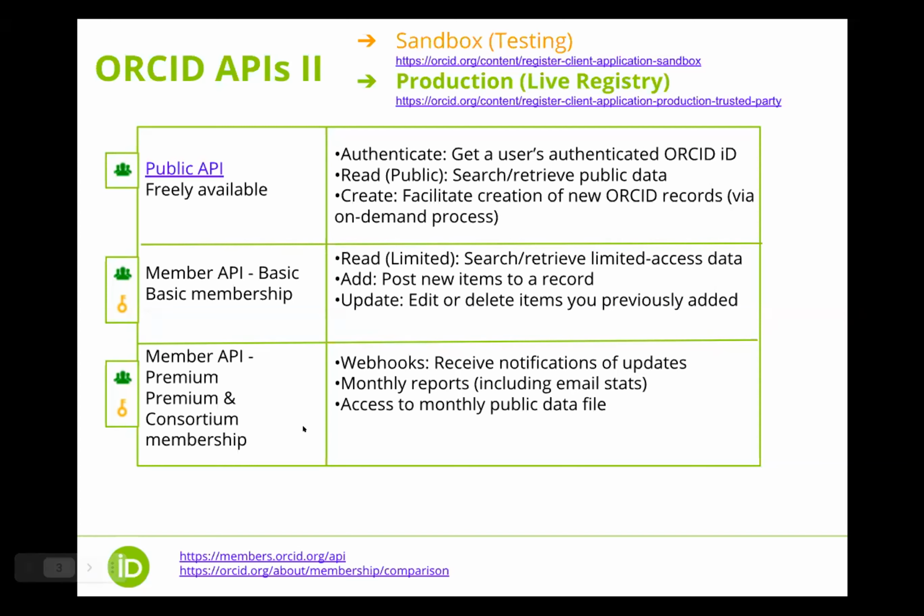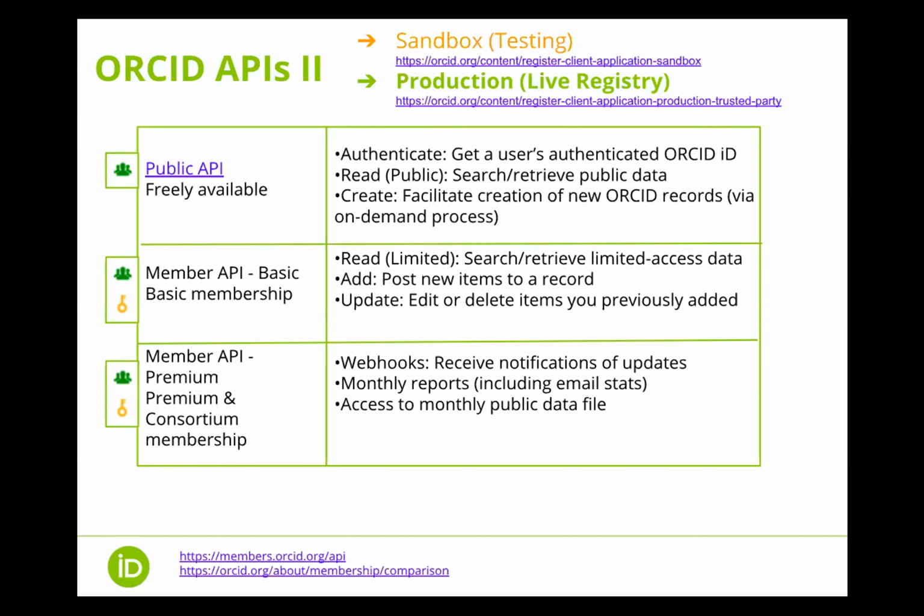And we also have a different level for our premium members. This has the same functionalities as the basic member API, plus you can register webhooks or observe IDs and get a ping whenever there's information or there's a change on an ORCID ID.